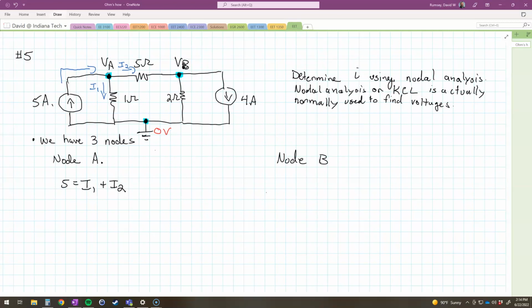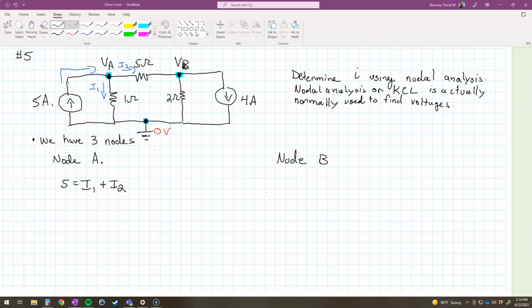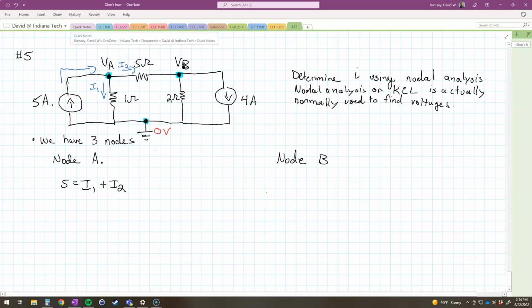For node B, I'm again going to draw the currents leaving if they're going through a resistor, and I'll label these I3 and I4. Now, I2 and I3 are going to be essentially the same number, but one's going to be positive and one's going to be negative.